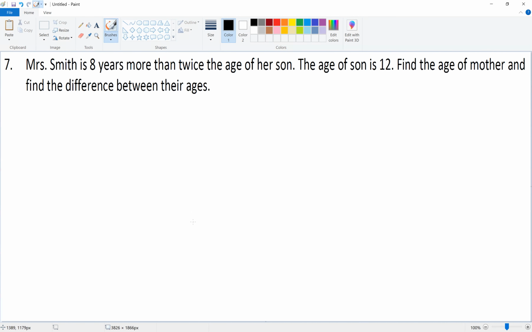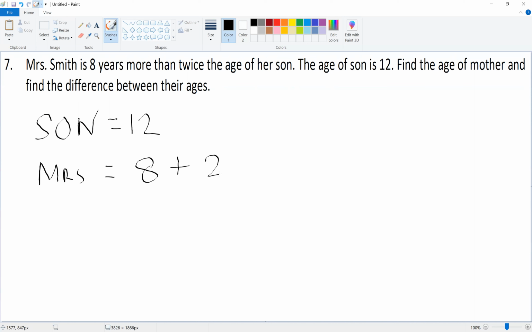So, what I did, I did 12 times 2 is 24. Then 24 plus 8 is 32. So 32 minus 24 is 8.